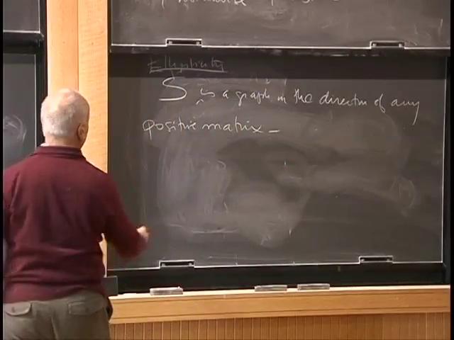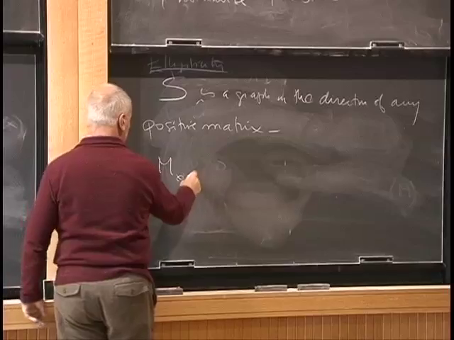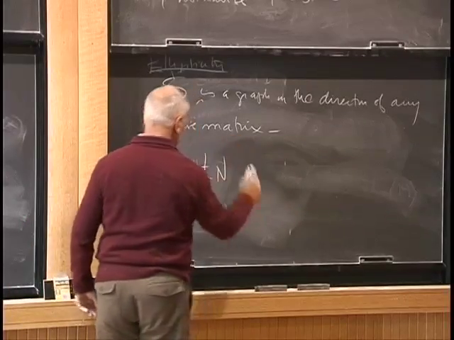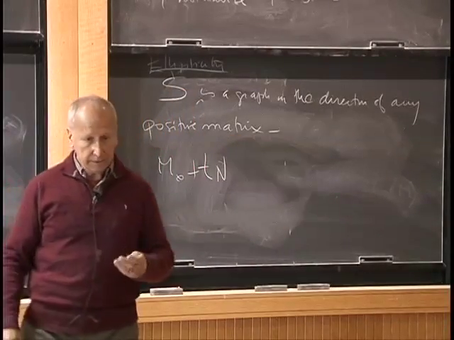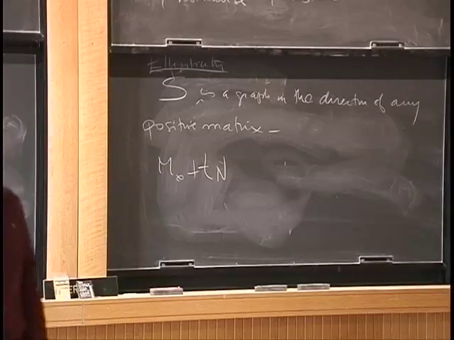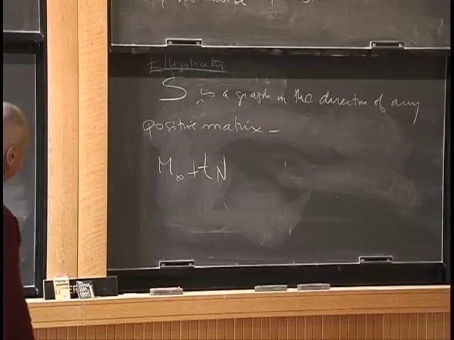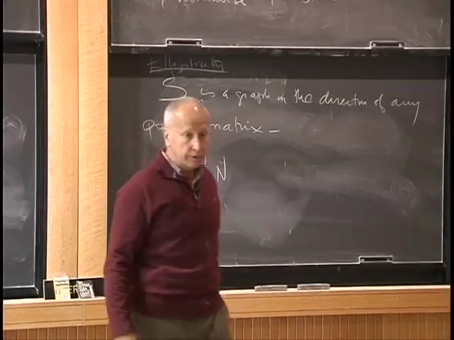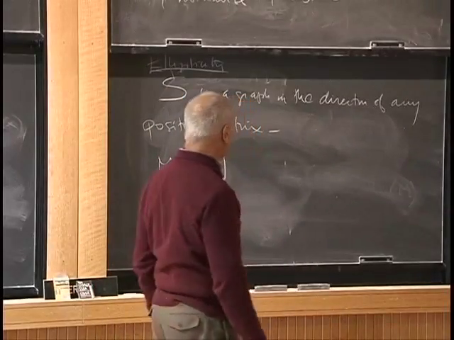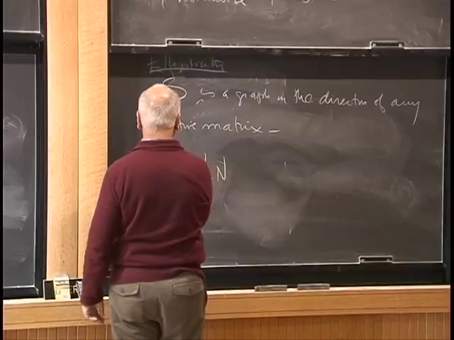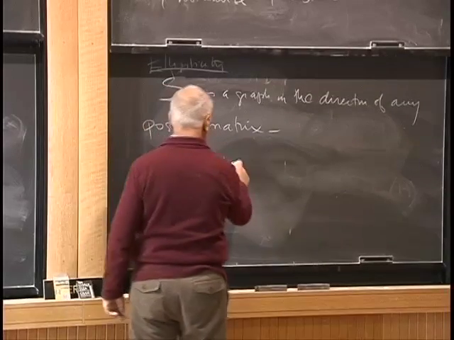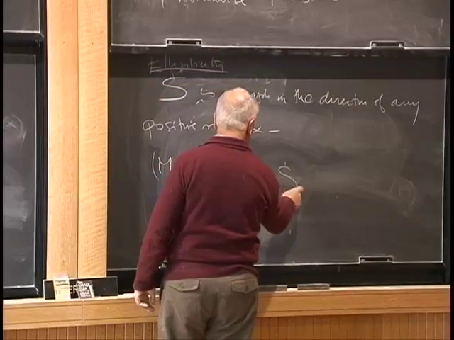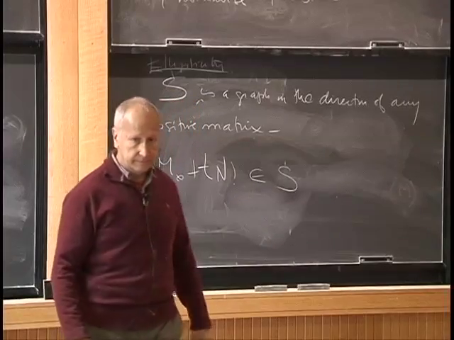That if I take any matrix M0 and I do M0 plus Tn, this is negative if T is negative enough. Okay. Positive for large T, and at some intermediate value, T becomes 0. So there is one value for which this matrix belongs to S.